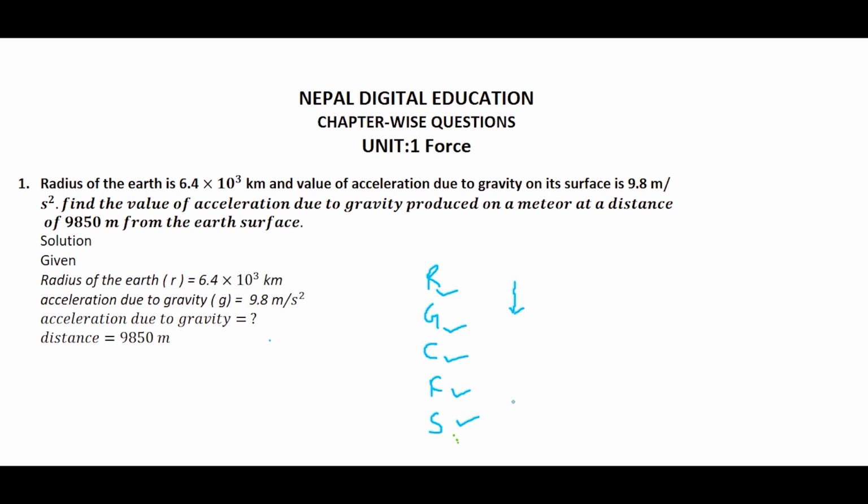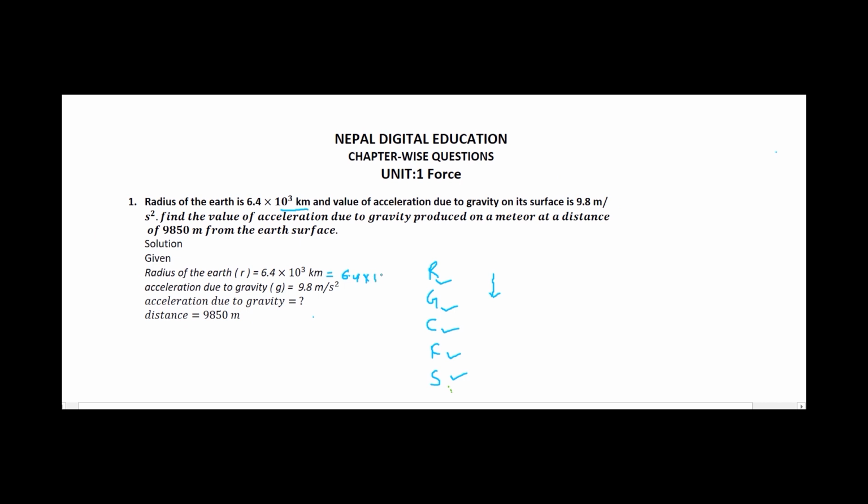So let us look at the first problem. The radius of the earth is given, 6.4 into 10 to the power 3 kilometer. We know this radius means distance, and the SI unit of distance is meter. So first of all, change this into SI system: 6.4 into 10 to the power 6 meter.